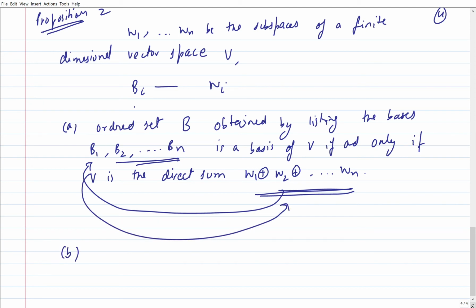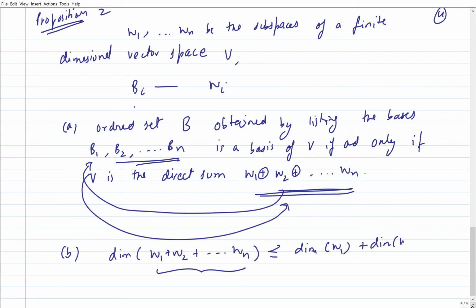Also, the dimension of this set, which is the span, is less than or equal to the sum of the dimensions of these subspaces. And when is this equality? Well, when these subspaces are independent.